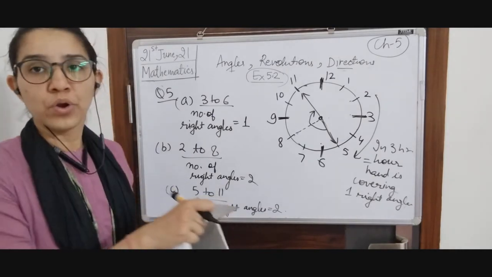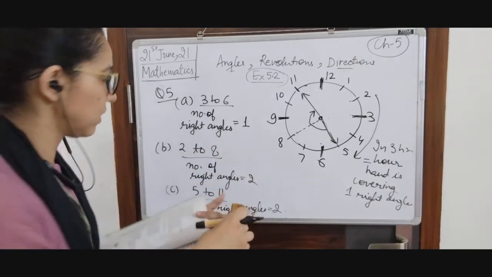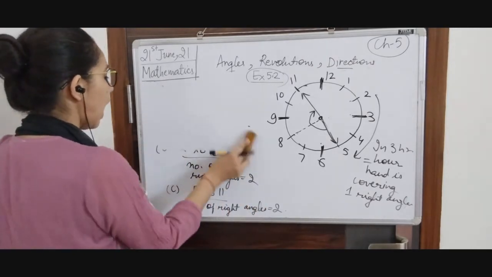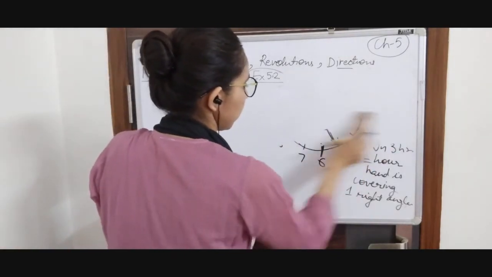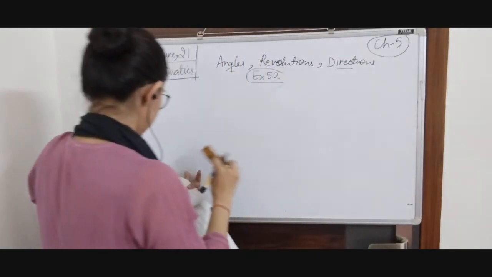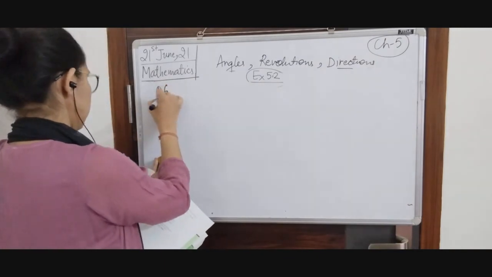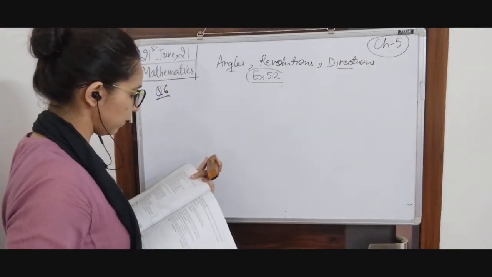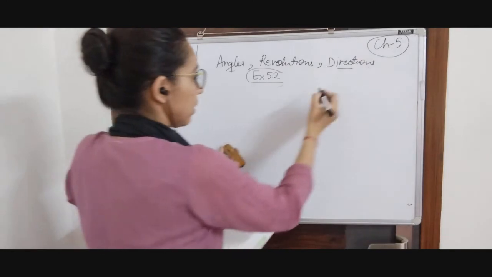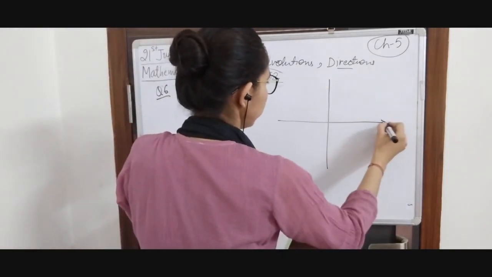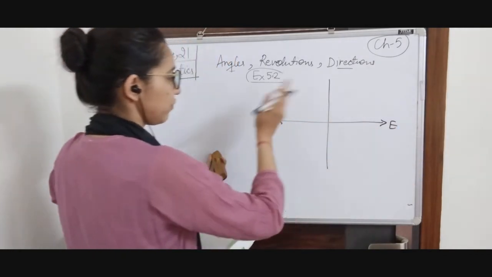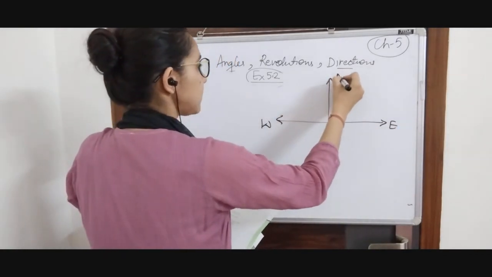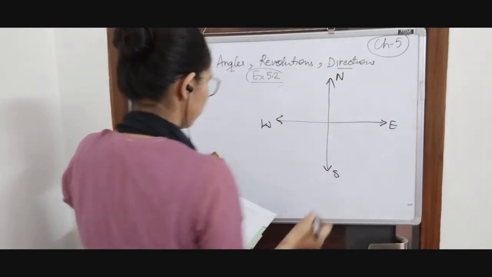Now we are moving on to question number 6. Question number 6 is how many right angles do you make if you start facing? So we are talking of directions now. This is always east. On the right hand side east, on the left hand side west, on the upper side north, on the down side south.